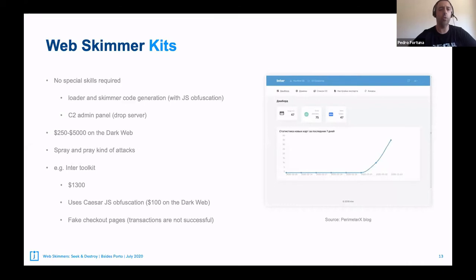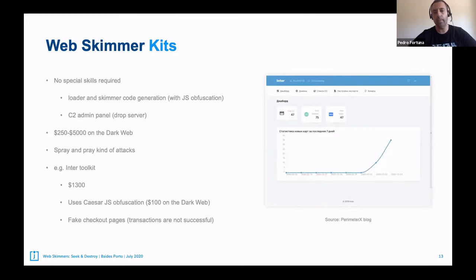There are also toolkits like Inter. This is one example. Usually it costs you $1,300. In this case, it uses a JavaScript obfuscator called Caesar Plus, which costs around $100 on the dark web. And one of the things that it does is fake checkout pages.